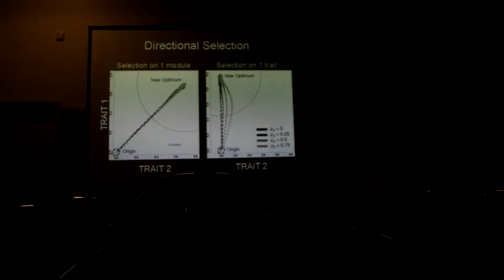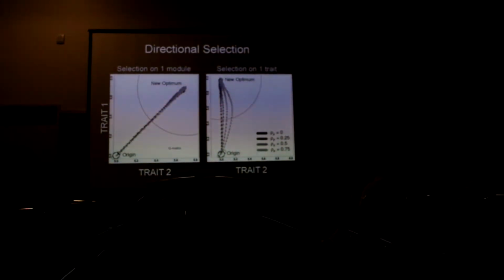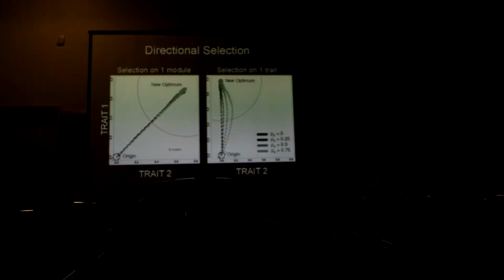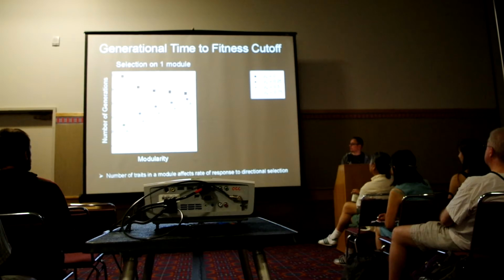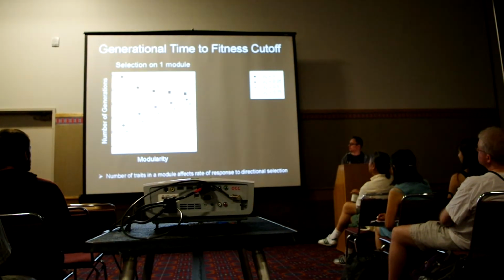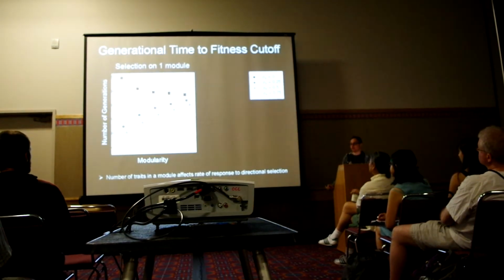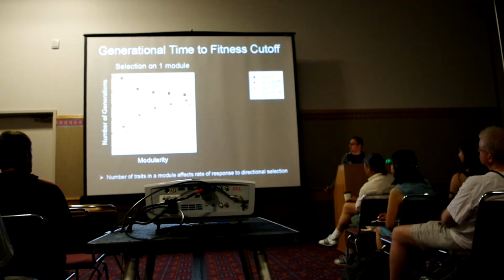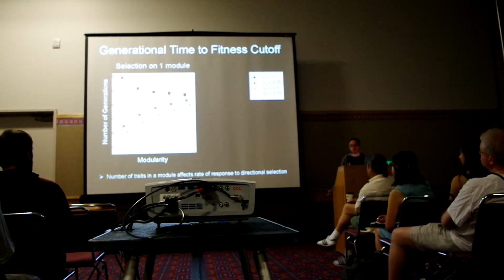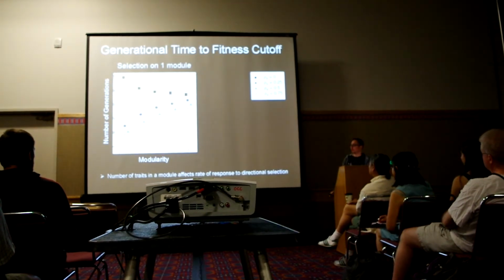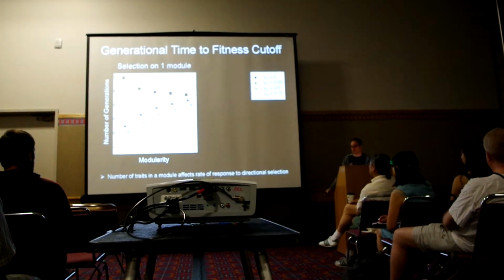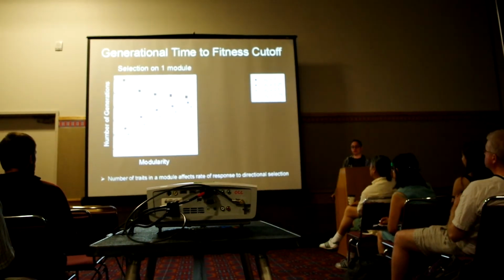What we can also do is look at how many generations it actually takes for them to cross the same threshold, here represented by these large circles. When we do that, first looking at just selection on one module, what we can see is that with mutational correlation, larger modules, so modules with more traits in them, take less time to evolve to the same fitness threshold, whereas smaller modules with fewer traits in them take more time.